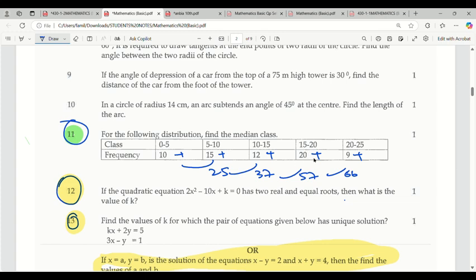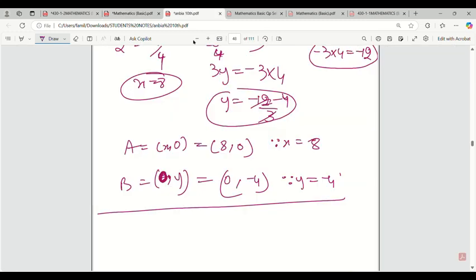So this is n, the sum of observations. If we take n by 2, that is 66 by 2, which will give you 33.